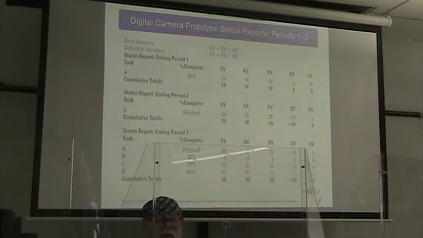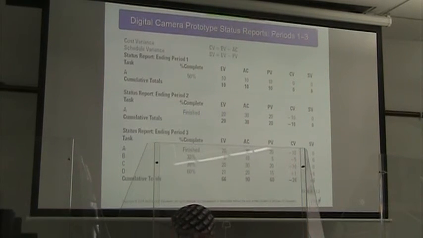So therefore, we have a cumulative total for earned value of $66,000, an actual cost of $90,000, a planned value of $60,000, which means our cost variance at this point is negative 24,000. Our cost variance, excuse me, and our schedule variance is +6. So good for schedule, bad for cost.